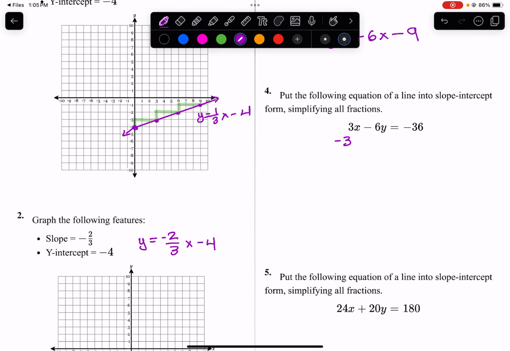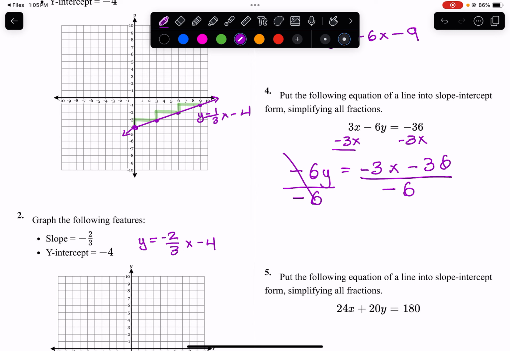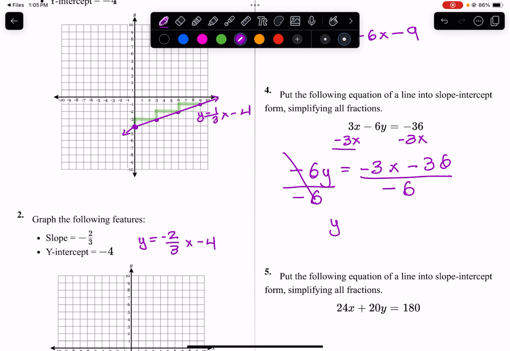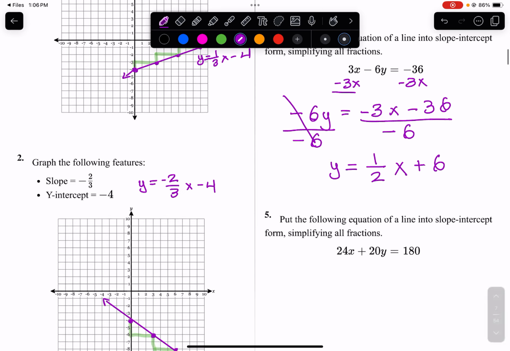Here, if I move the -3x over first, I now have -6y is equal to -3x minus 36. Make sure you're keeping track of your negatives, because now you need to divide both sides by -6 to get y by itself. When you do -3 divided by -6, you get 1/2 x plus 6.